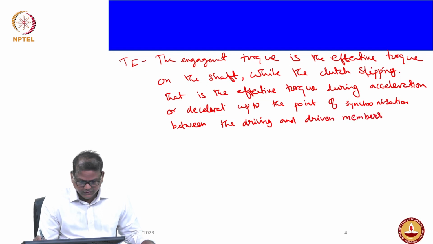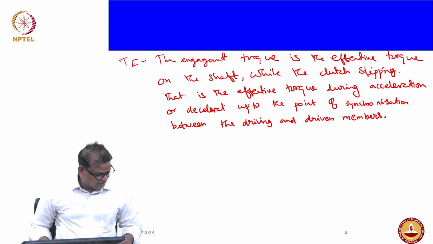So that's your engine torque, or else the dynamic torque.